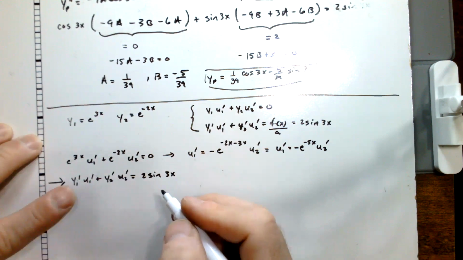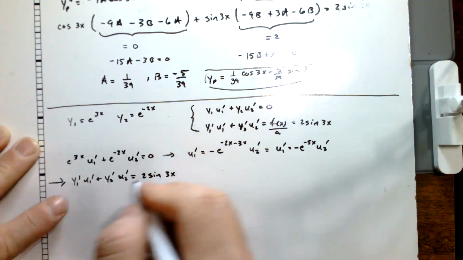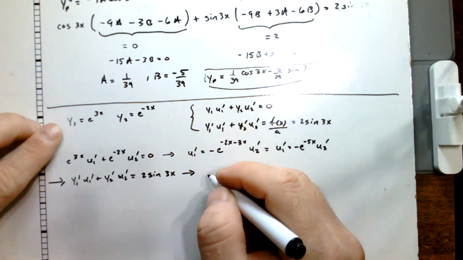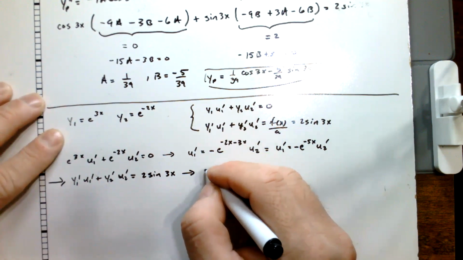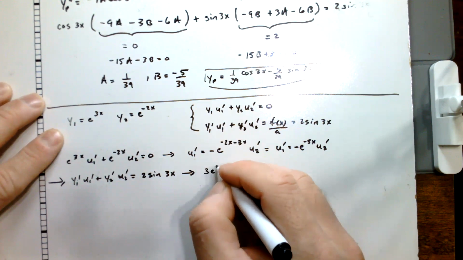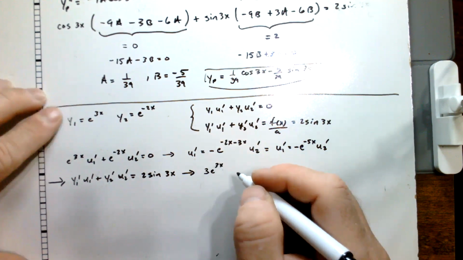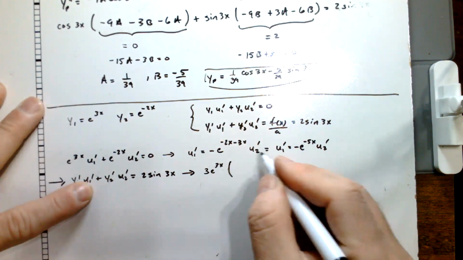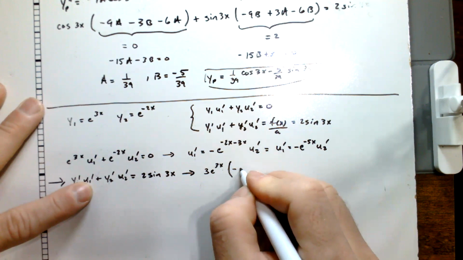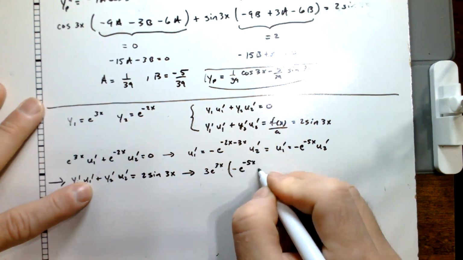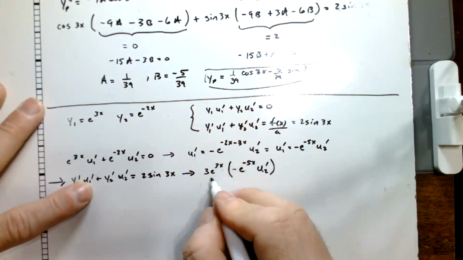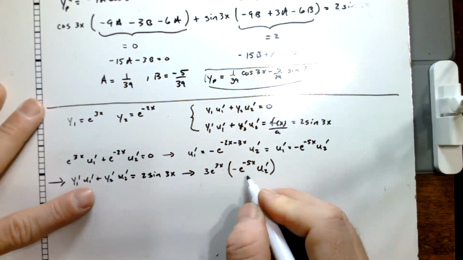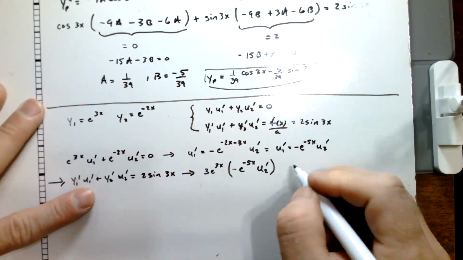And now that I have u1 prime in terms of u2 prime, that will simplify this. Okay, so let's plug that in. So the derivative of y1, sorry, I keep saying the wrong thing, is 3 e to the 3x. That's the derivative of y1. u1 prime was negative e to the negative 5x times u2 prime. So this is y1 prime. This is u1 prime in terms of u2 prime.